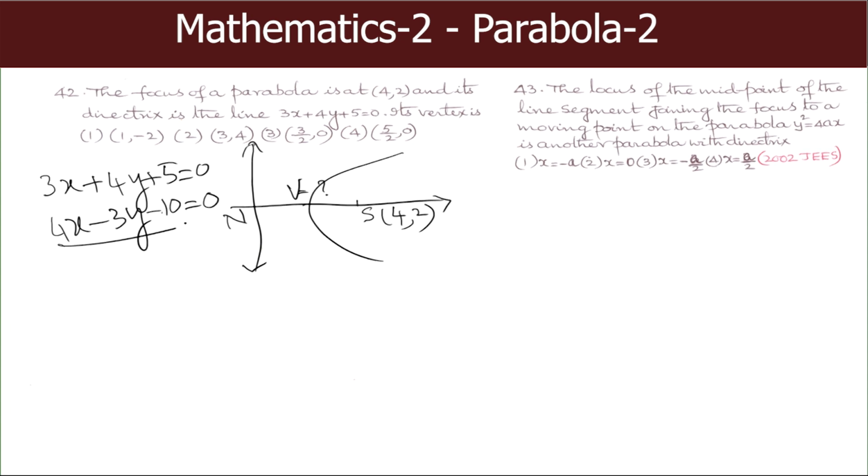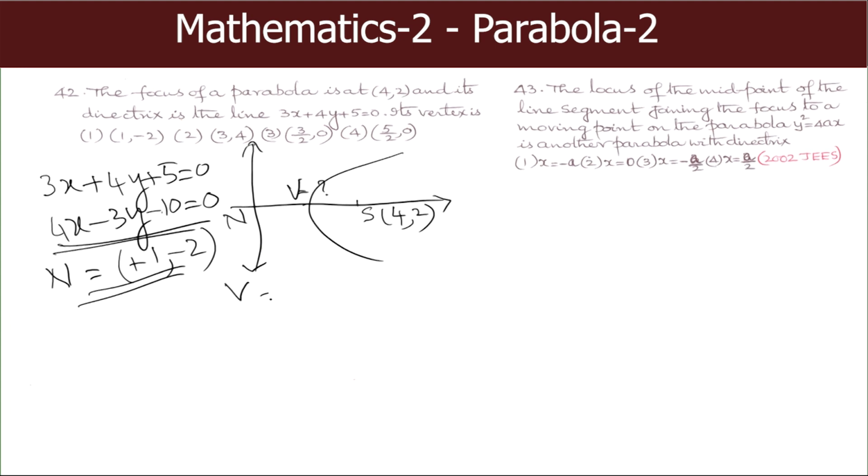This is the axis, and they are to meet at N. When you solve these two, N is the point of intersection of these two lines. By inspection you can easily see that x is 1, y is minus 2. Check: 3 plus 5, 8, minus 8; 4 plus 6, 10, sorry. So, N is (1, minus 2).